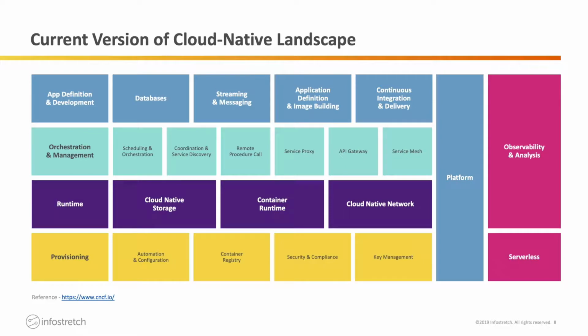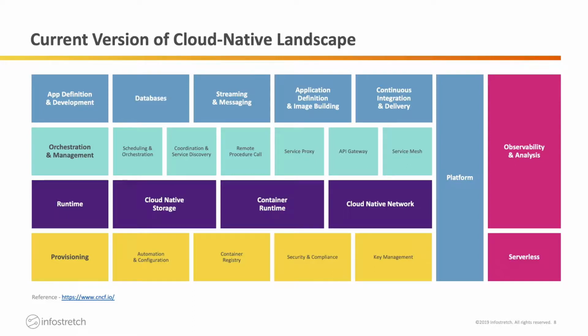So these components are stacked horizontally, like you can see. For example, app definition and development is one set of components, the first layer, and orchestration and management is the second layer. So you will see these components horizontally stacked against the different activities that you will end up doing as part of your development life cycle, right?